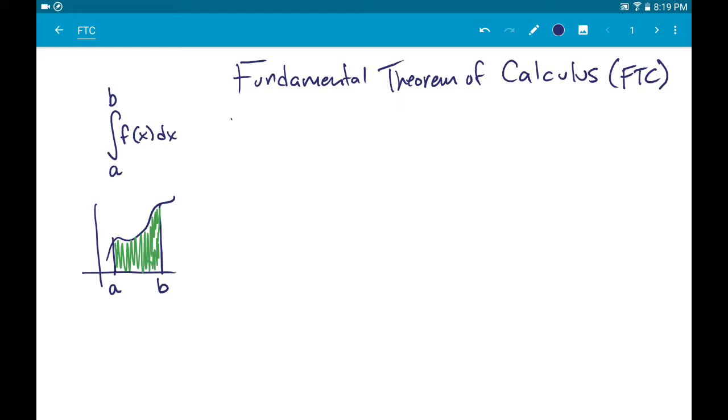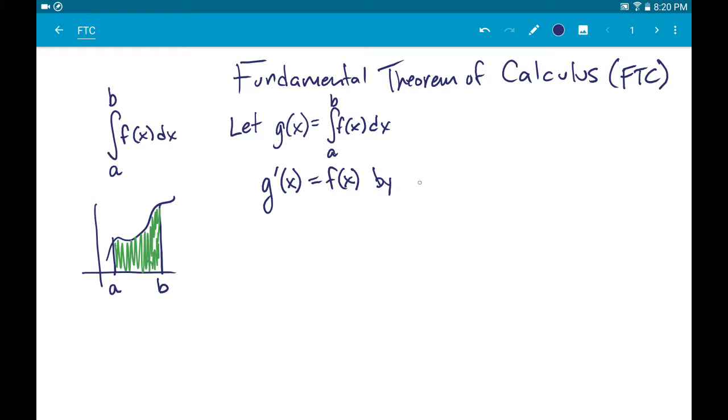So we're going to let g of x equal this integral from a to b of f of x dx. And then we know via some definitions that g prime of x must equal f of x by definition.